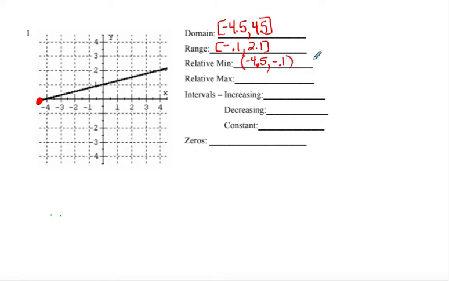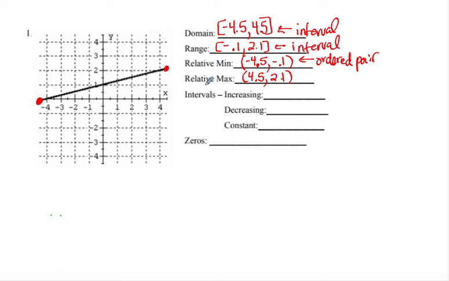So this is an ordered pair. This is not an interval. That's an ordered pair. These are interval notation. Just want to make that known that we have intervals and ordered pairs going on here. The relative max would be this point right here, and using the same logic, we said 4.5 was the biggest x value, and then we said 2.1 was the largest y value.